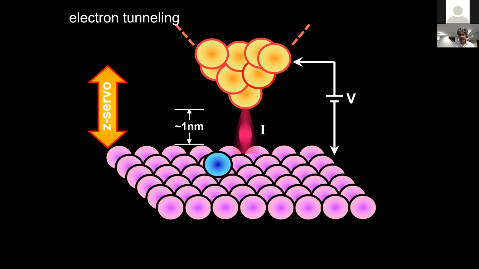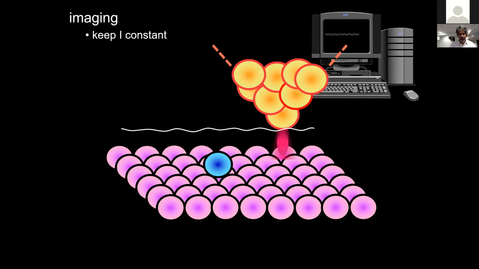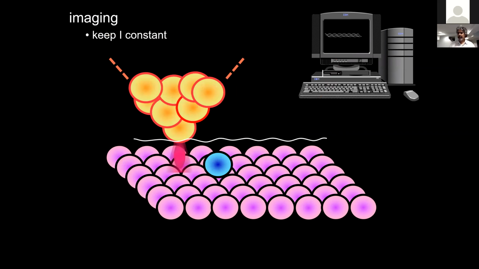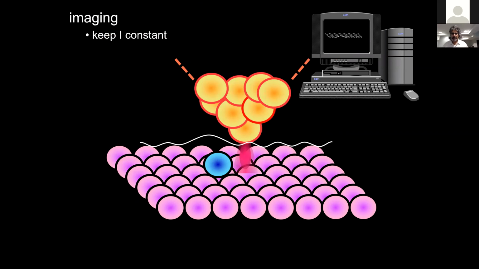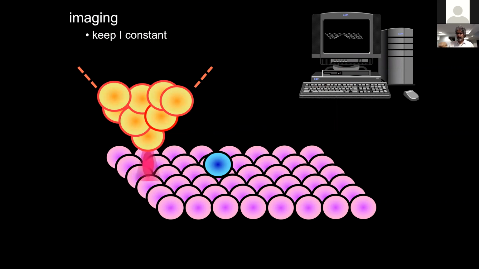The way we make images is that we basically raster this needle across the surface, kind of like the process of the record player. And what we do is we move the needle up and down in order to maintain a constant tunneling current. And so the image we actually display is the trajectory of the tip as it's scanning across the surface.